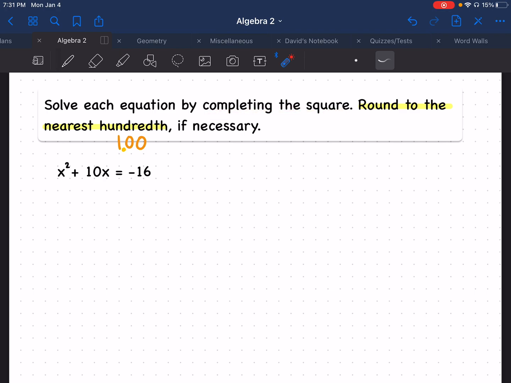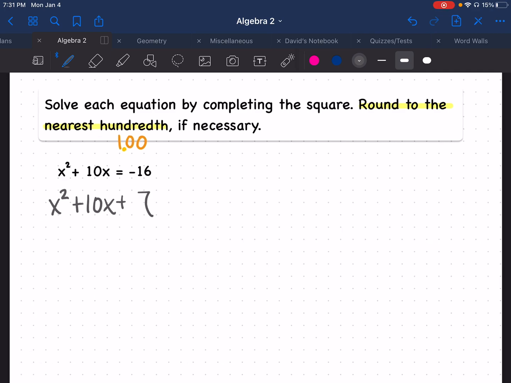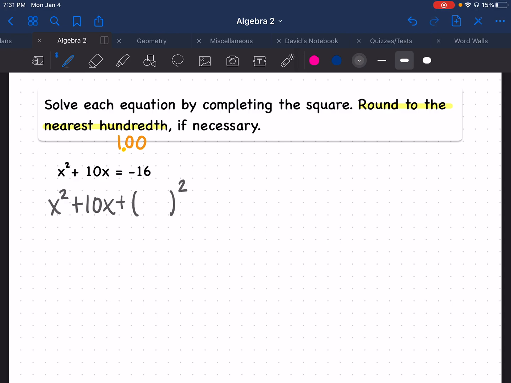So I know it's probably not factorable. So I'm going to create room on both sides for me to add that fraction.